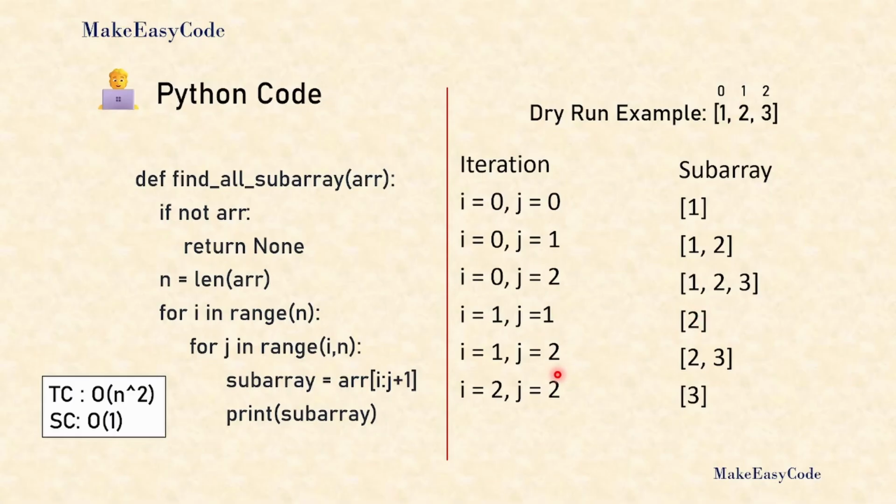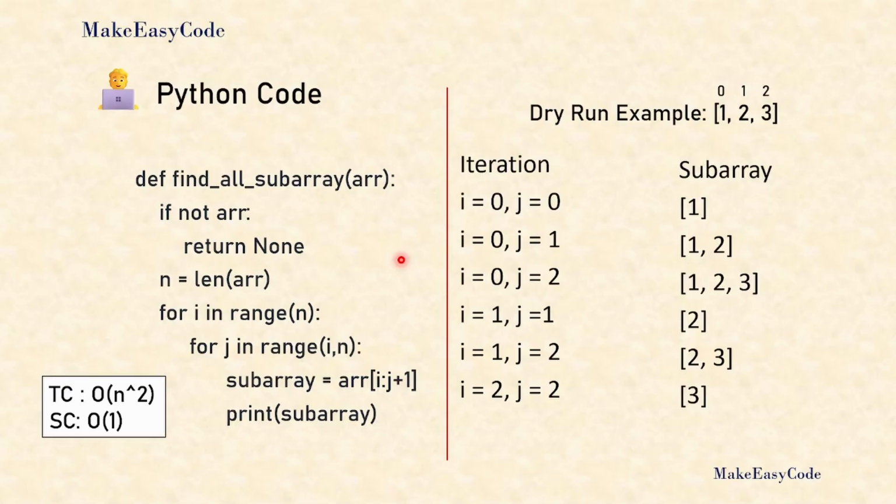Now expanding j to index 2, and it gives us 2 comma 3. Finally, i moves to index 2, so i and j are both at index 2, and it gives us the last subarray, 3. That's how the nested loops print all possible contiguous subarrays.